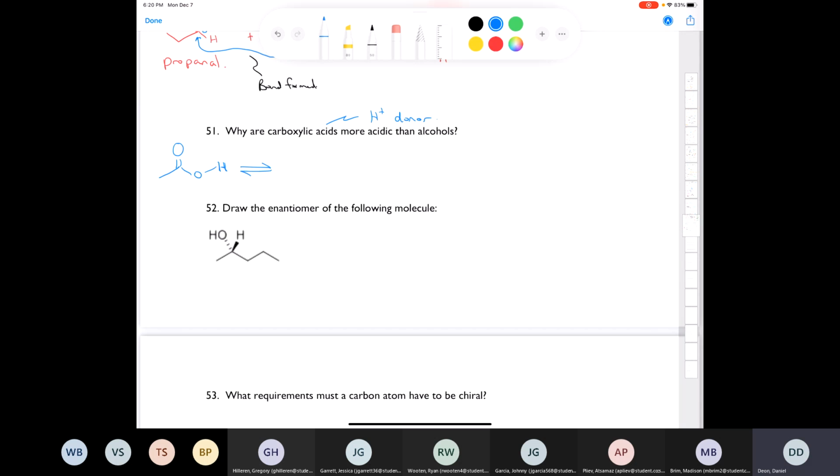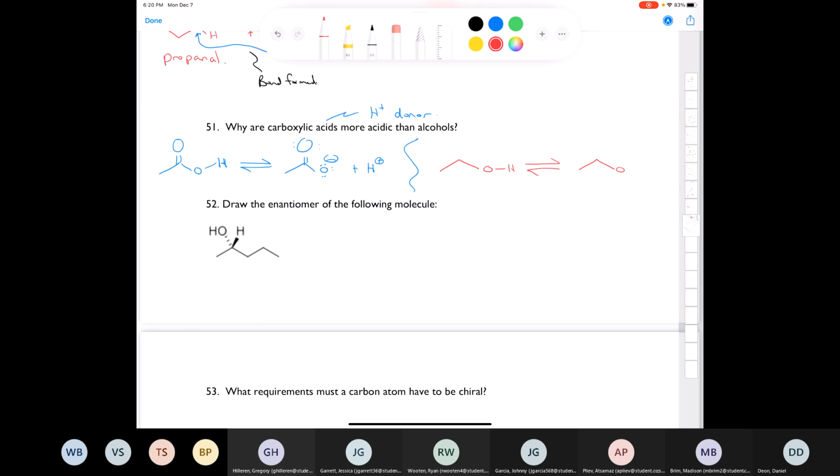So if we draw the equilibrium where we show the carboxylic acid donating a proton, it's going to look something like this. Whereas if we do the same thing with an alcohol, let's choose a 2-carbon alcohol, ethanol, and we draw the same equilibrium, you're going to be left over with this.